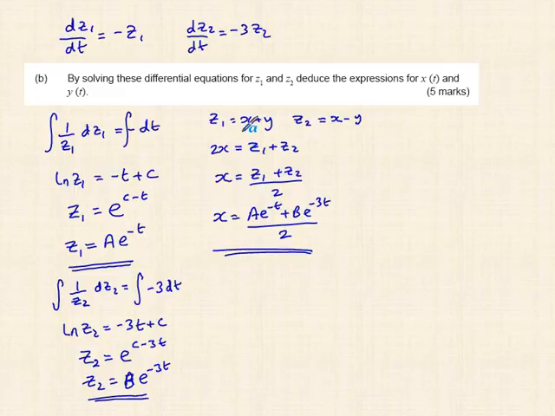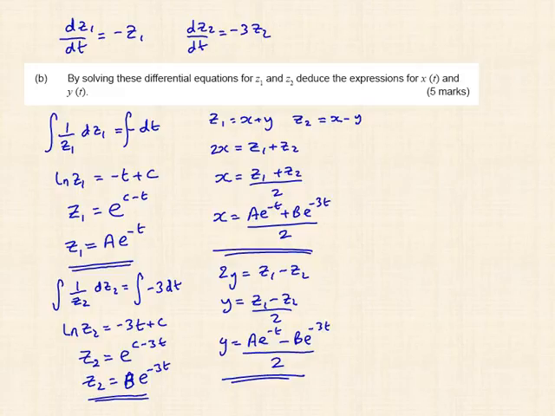Now, if we'd actually subtracted here, we'd have got 2y is equal to z1 take away z2. So y would be a e to the negative t take away b e to the negative 3t over 2.